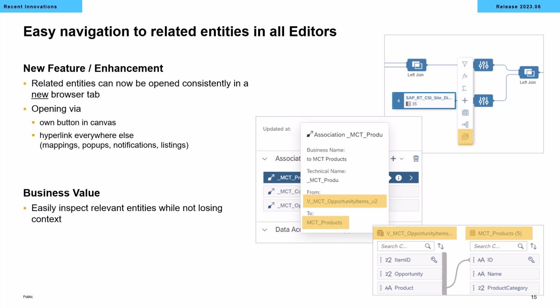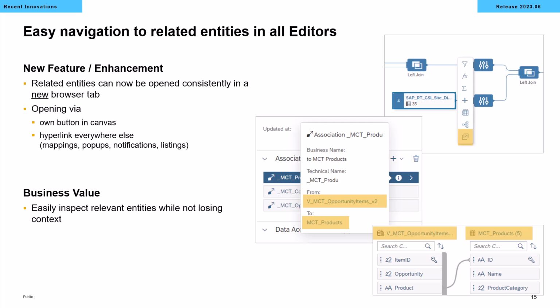So when you're in the graphical editor and you want to go to a source table or source view, you don't have to go back and go into the new view. You can directly select that here, open it in a new tab, and then switch going back and forward, also with associations and in mappings, etc., where we introduce hyperlinks to navigate there.